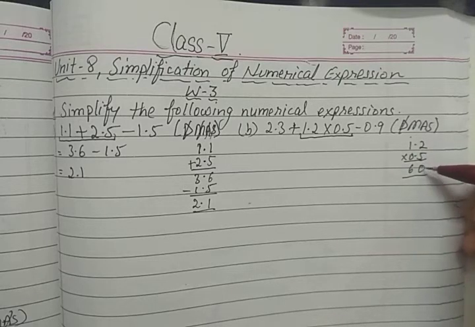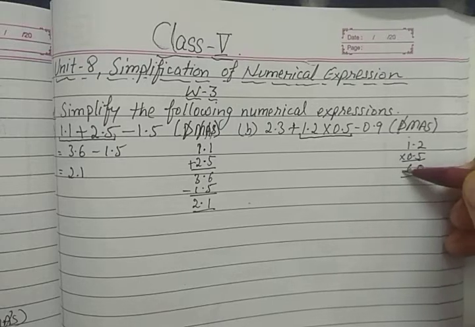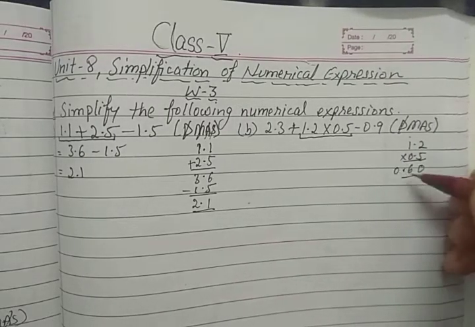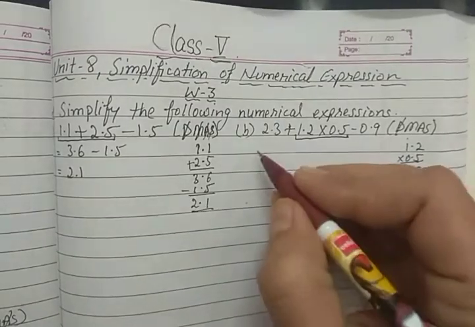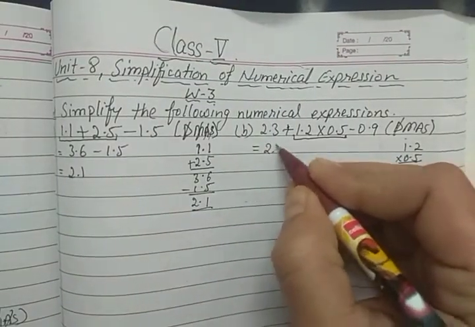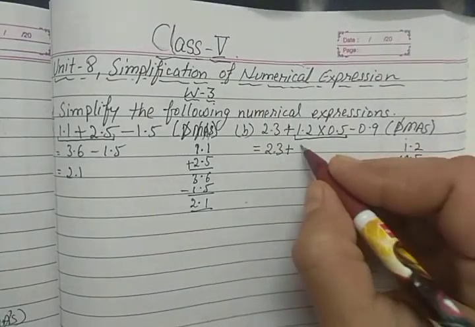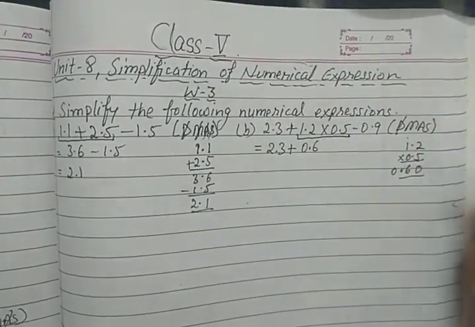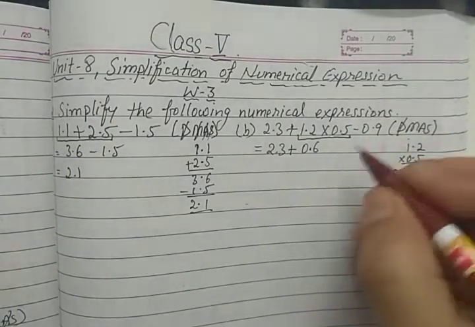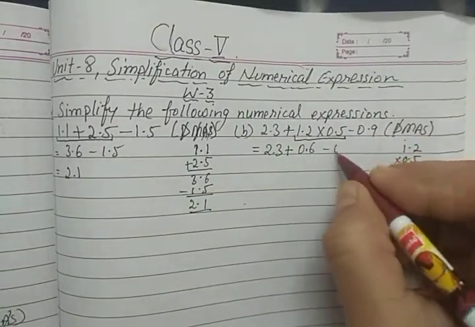So we write the decimal before 2 digits, 1, 2. So 0.60. So 2.3 plus the product of these two decimal numbers, 0.6, the 0 has no value, now minus 0.9.